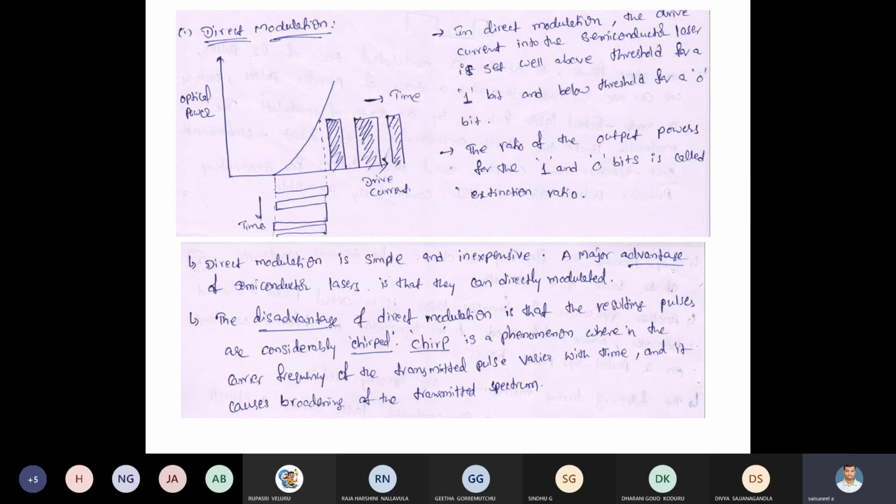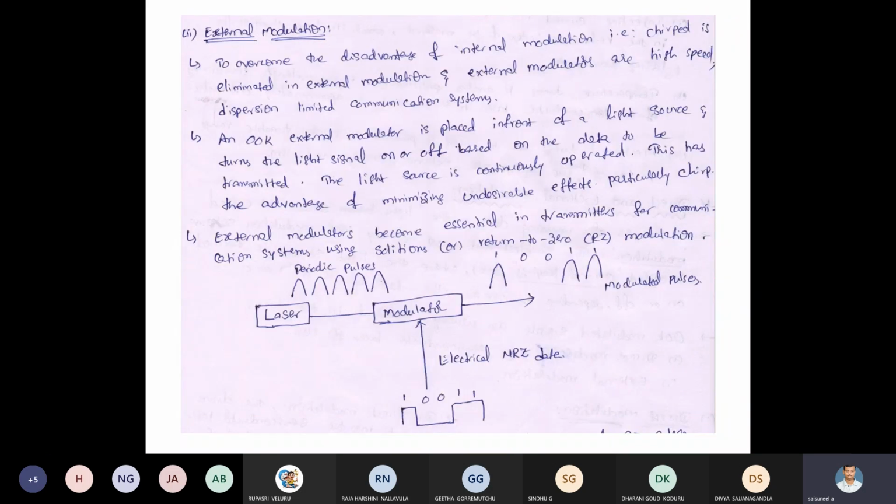We transmitted a pulse of 1 millisecond, but at the receiving side the pulse is 2 milliseconds. That is 1 millisecond extra, so the signal has noise also. That is called chirp. These are the main disadvantages of direct modulation. That's why we go for external modulation.